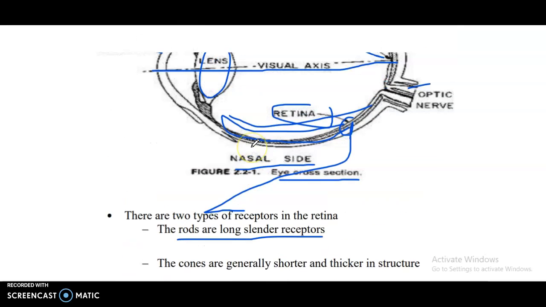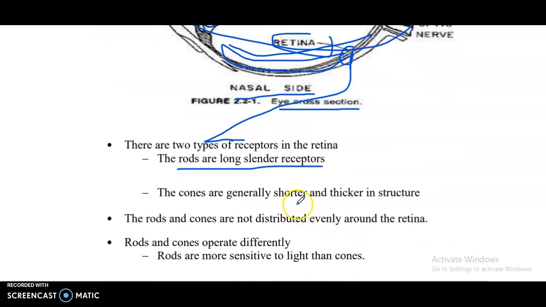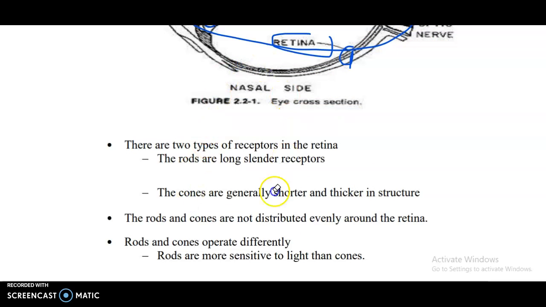The cones are generally shorter and thicker in structure.